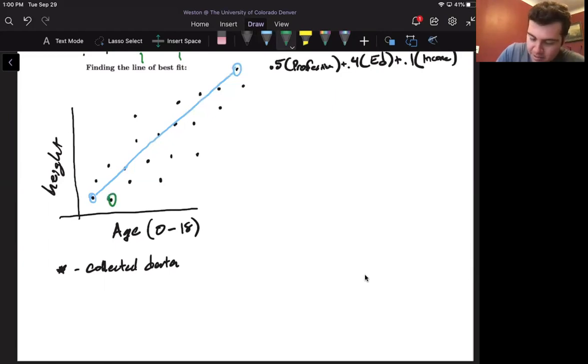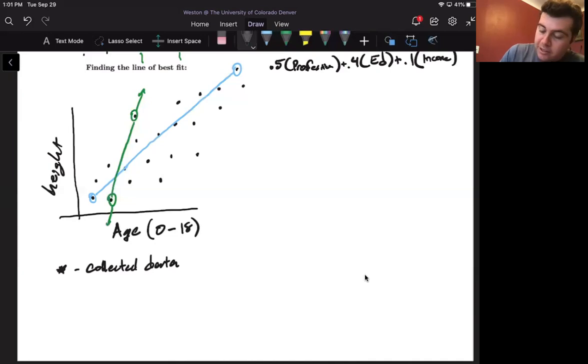So they might pick this one, and then say that this line best approximates our data set. To which I would say, no, it doesn't. It's not even close for most points. So we need to do something a little more clever.